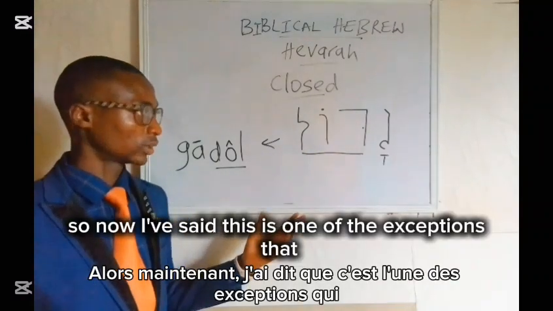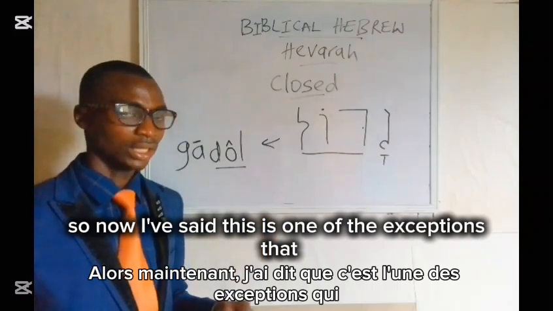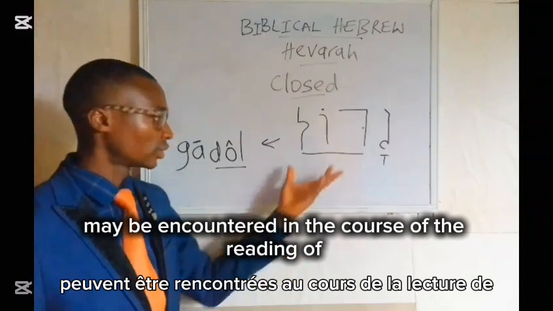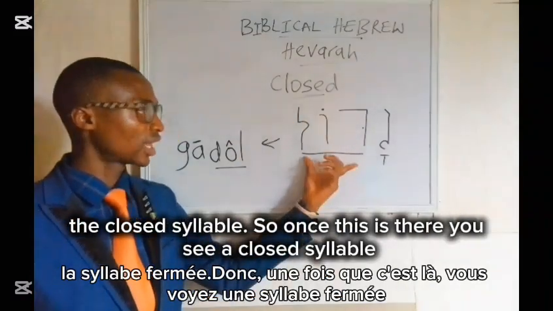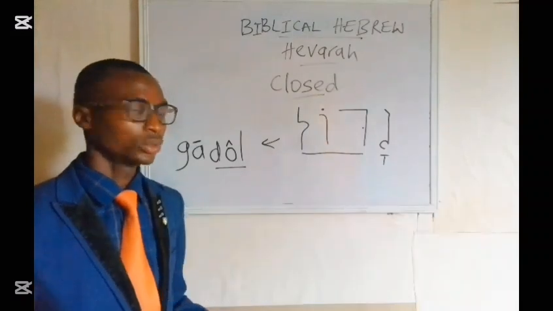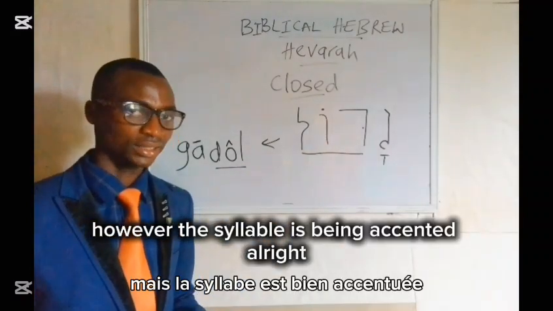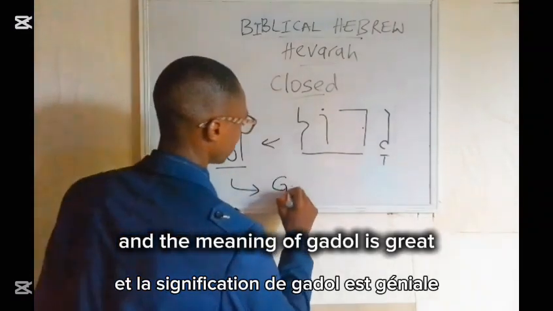I've said this is one of the exceptions that may be encountered in the course of reading the closed syllable. Once this is there, it's still a closed syllable, however, the syllable is being accented. And the meaning of gadol is great.